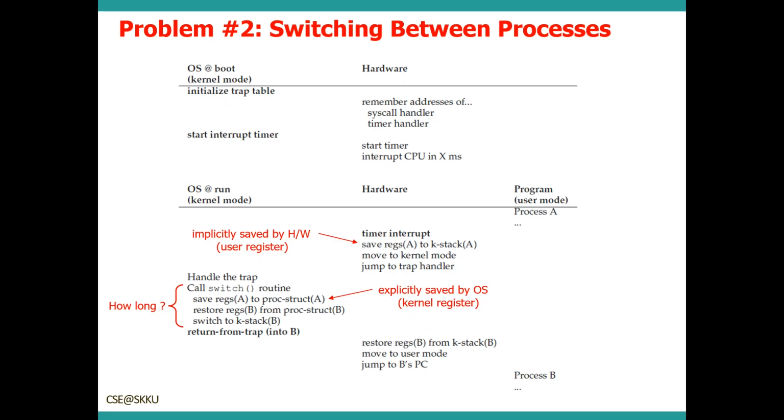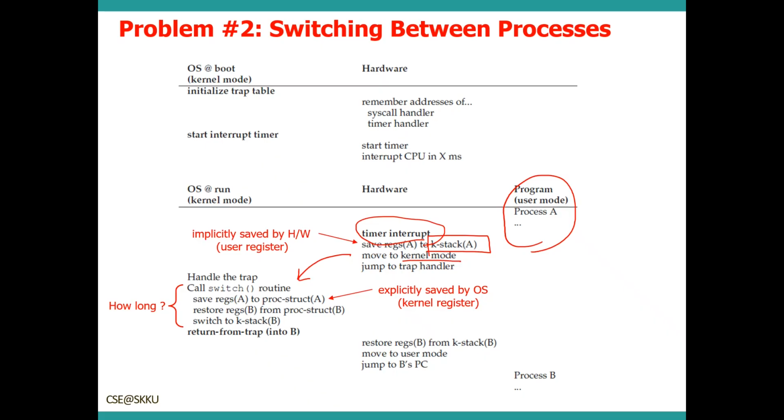In this example, process A is running, then is interrupted by a timer interrupt. The hardware saves each register onto the kernel stack and enters the kernel, switching to kernel mode.